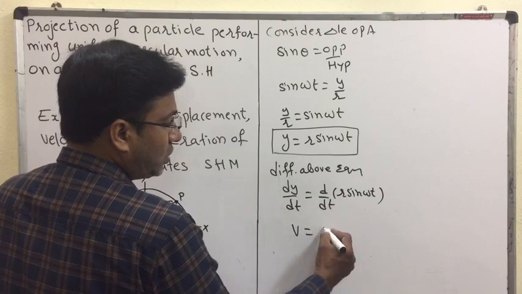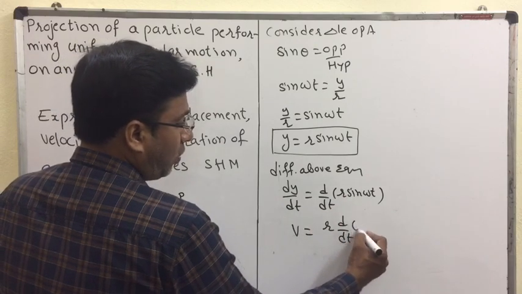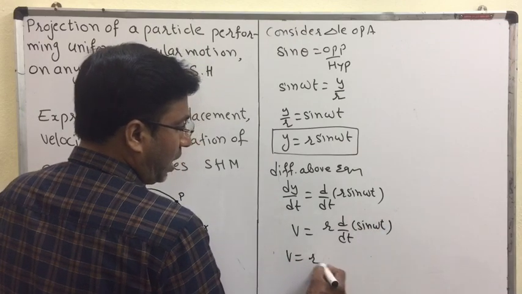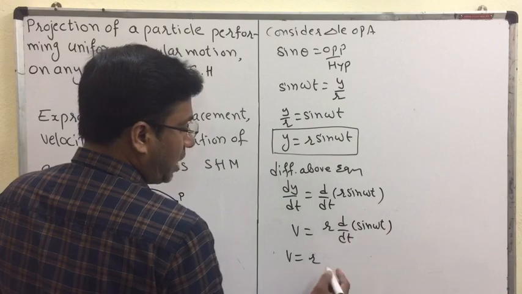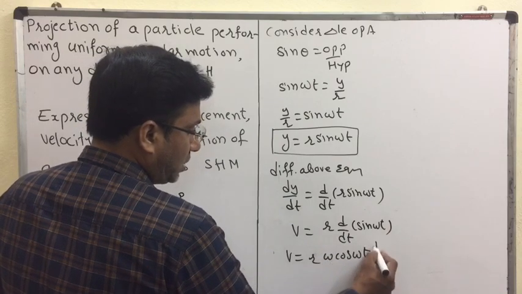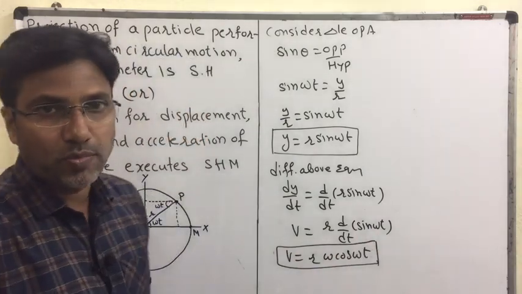Here r is constant, so I am writing it before the differentiation, and d by dt of sin omega t is omega cos omega t. So v is equal to r omega cos omega t. This represents velocity of a particle in simple harmonic motion.